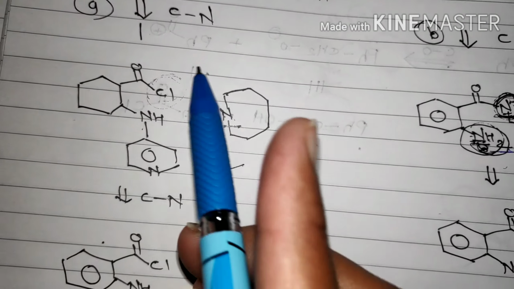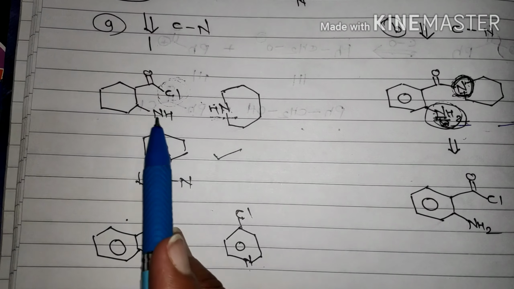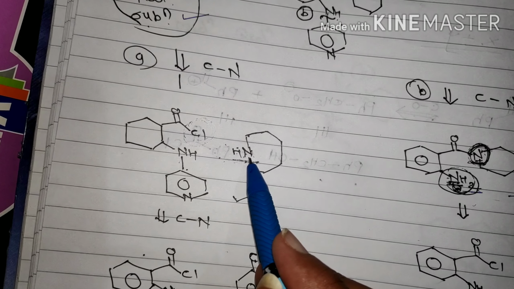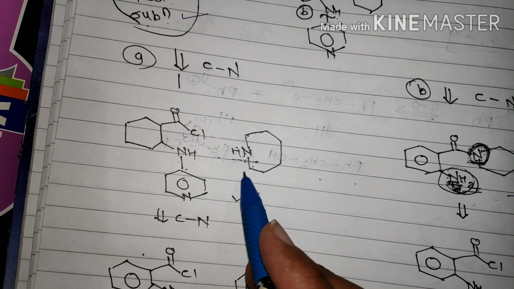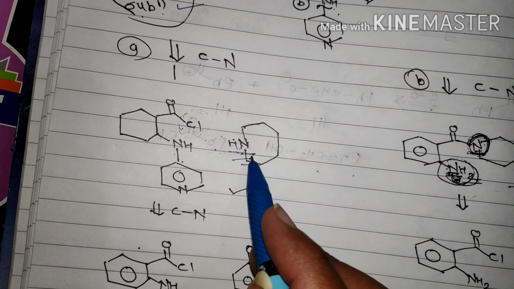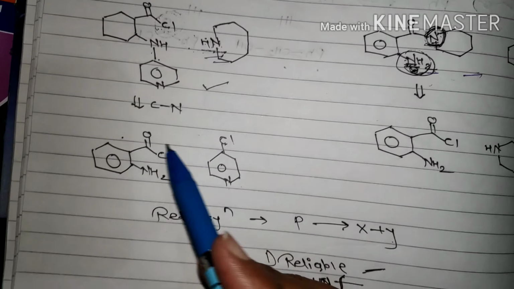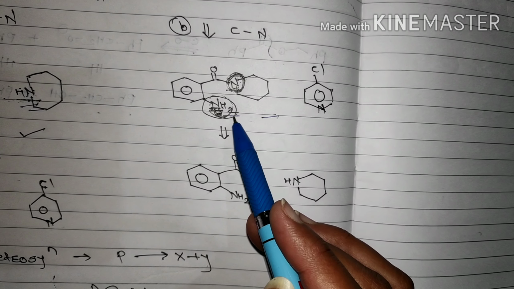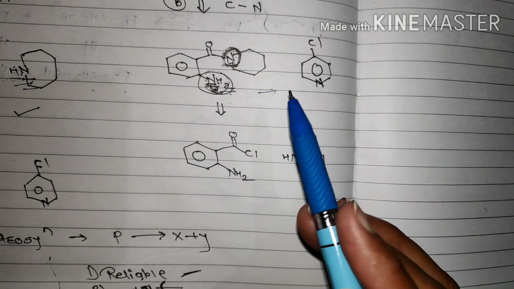In this route, first we construct the amine and the alkyl in the presence of alkyl halide. The amine has a strong tendency to react with the alkyl halide to give the amide. In the second route, we construct the amide from the secondary amine in the presence of primary amine.